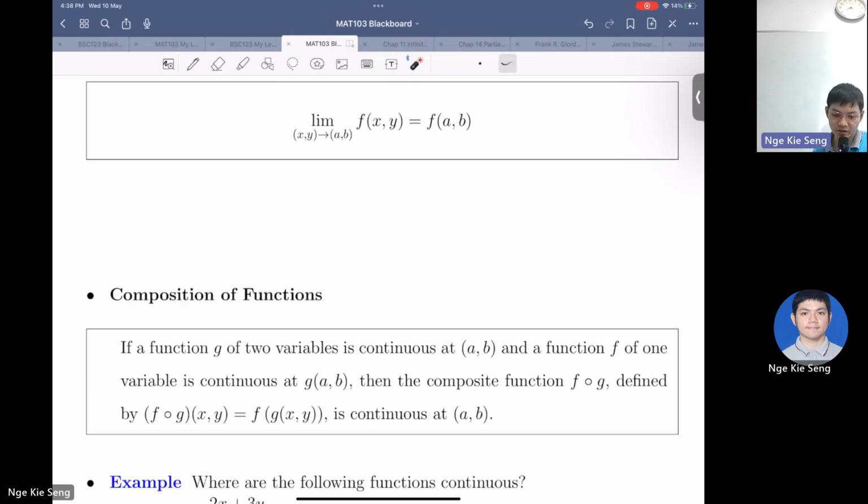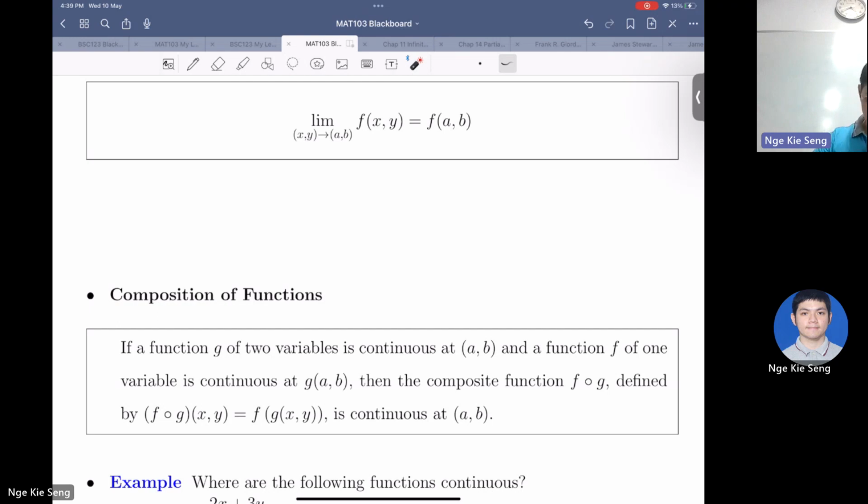If a function g of two variables is continuous at (a,b) and a function f of one variable is continuous at g(a,b), then the composite function f composed with g, defined by f(g(x,y)), is continuous at (a,b). In fact, this works in any generality, as long as the composite makes sense.